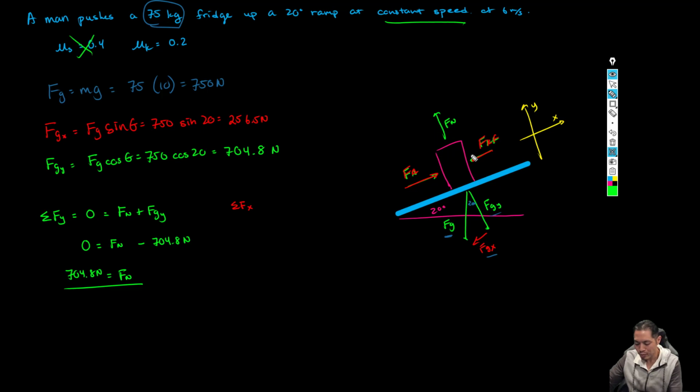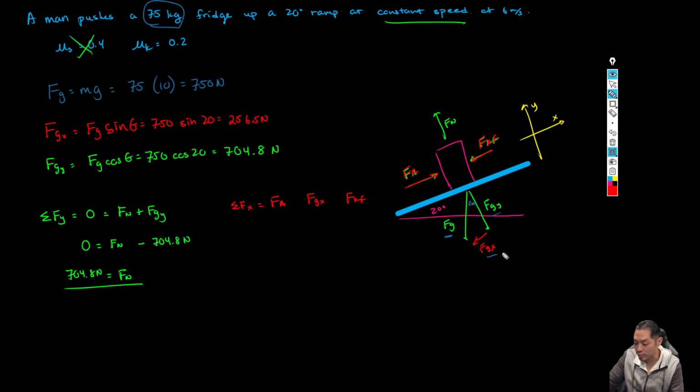Now I'm going to try to figure out what these are. Sum of all forces in X, I have 1, 2, 3 forces, Fa, Fgx, and Fkf. So I'm going to define it based on what it is. I don't know what Fa is. I do know what Fgx is, and I can figure out what force of kinetic friction is.